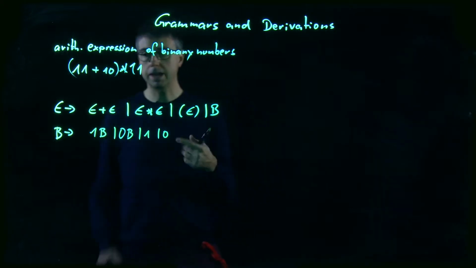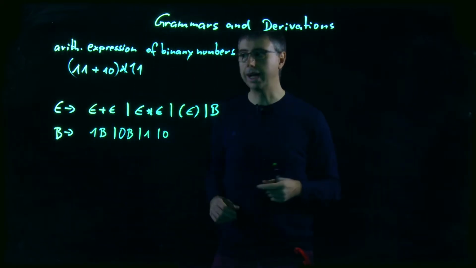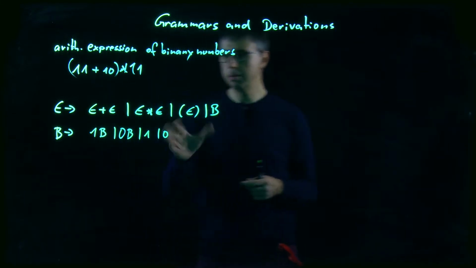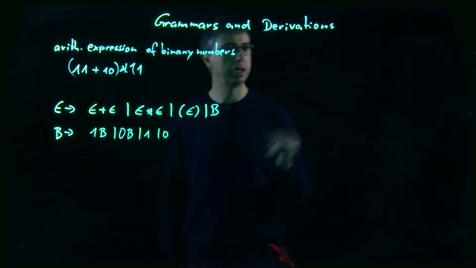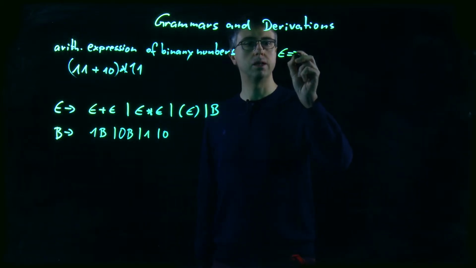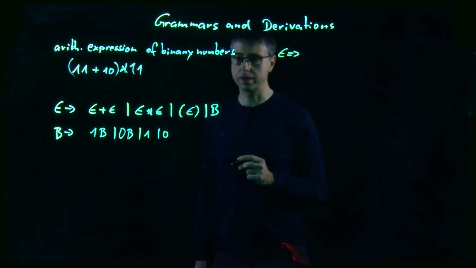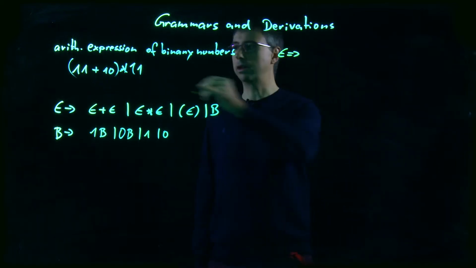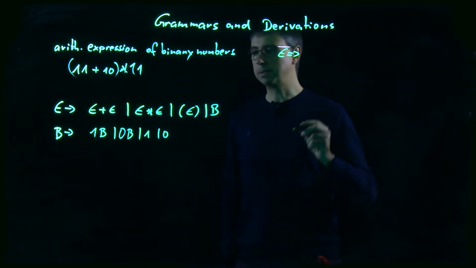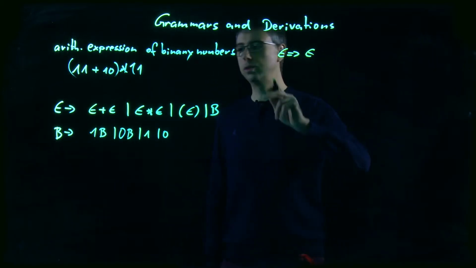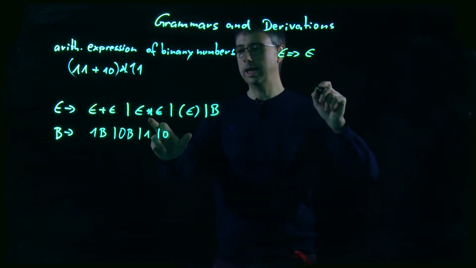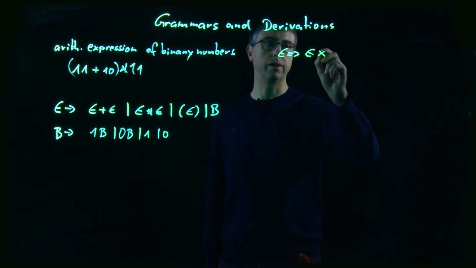And now I claim that it's possible to derive such an arithmetic expression, as in our example here, by using these substitution rules. And I'll start here. You'll see it's a lengthy process. So we start with the start symbol and say, okay, the outermost operation is multiplication, so we substitute this E by E times E, using this rule.